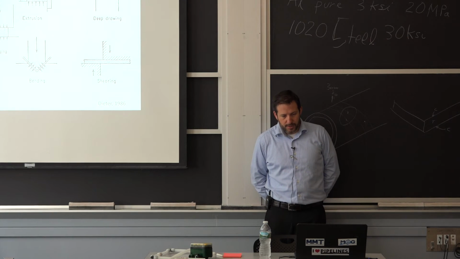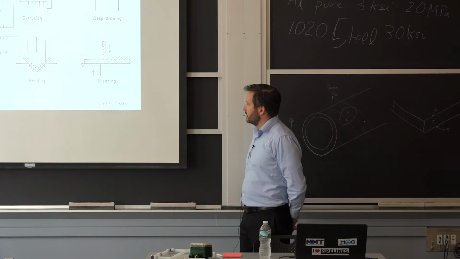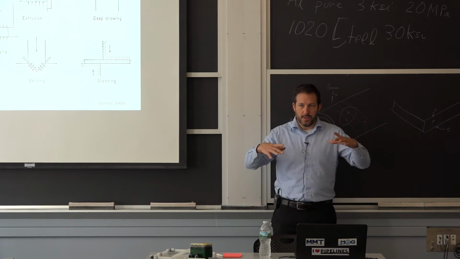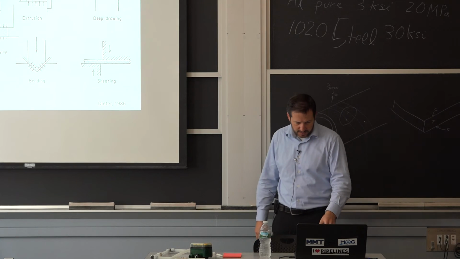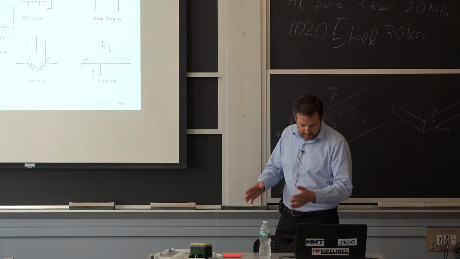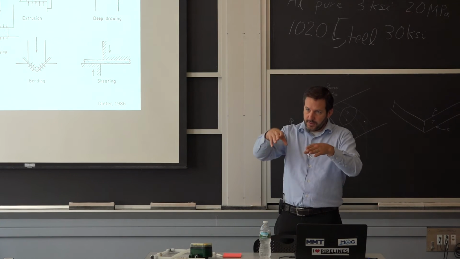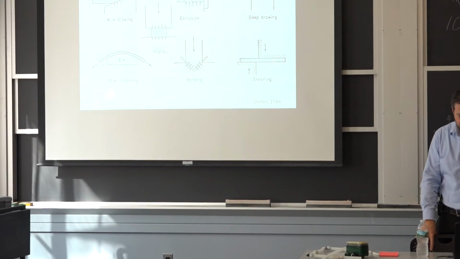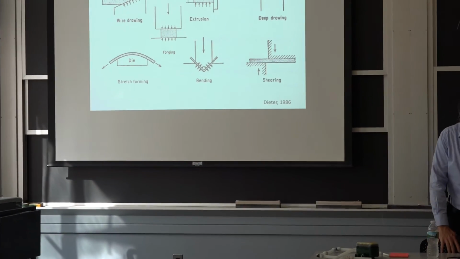There are a few other processes that are used. Stretch forming is where you take a sheet, let's say aluminum, and I think I have an example, so I'm going to switch. Bending, you guys know, you just take a plate, you have a die, and you get it into the shape. These processes are now very easy.